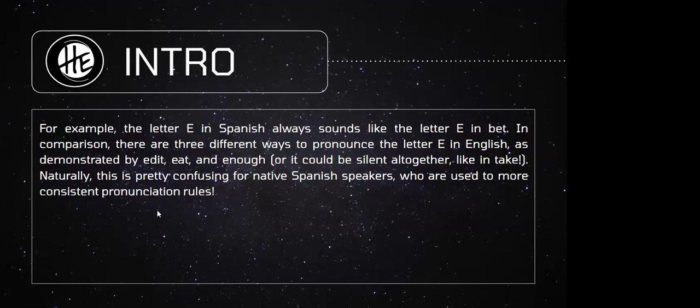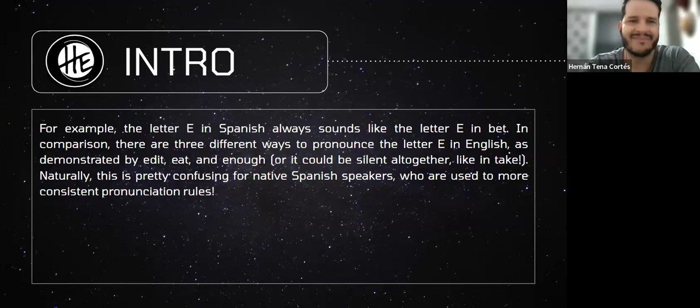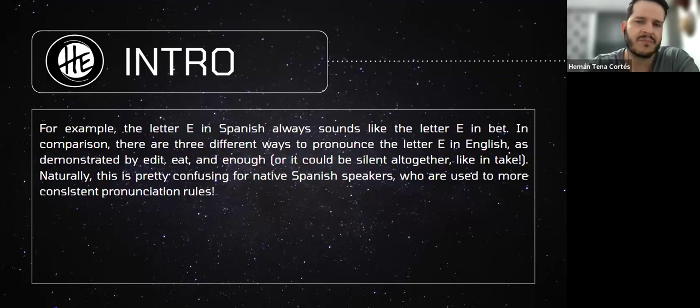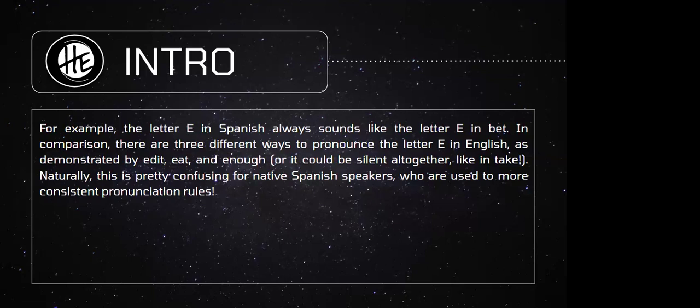For example, the letter E. E in Spanish always sounds like the letter E in B. In comparison, there are three different ways to Pronounce. pronounce the letter E in English.